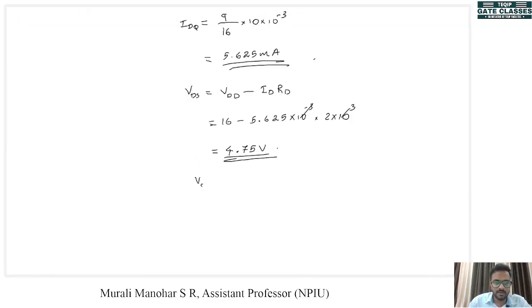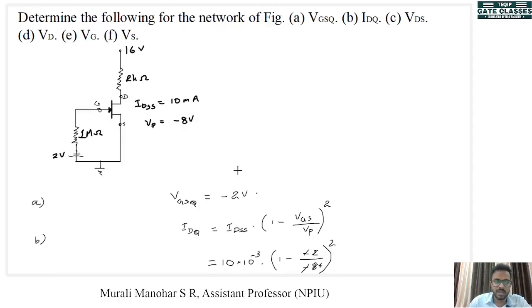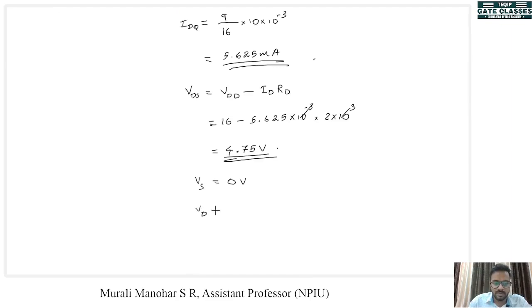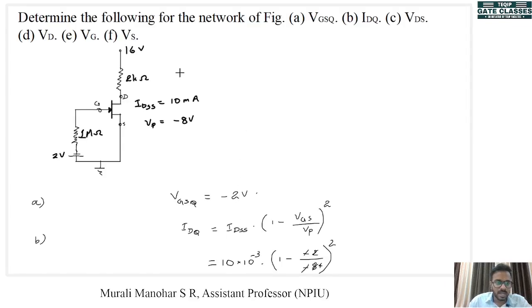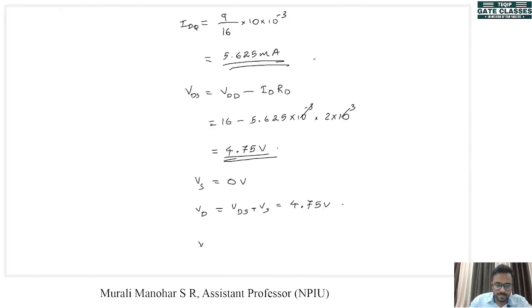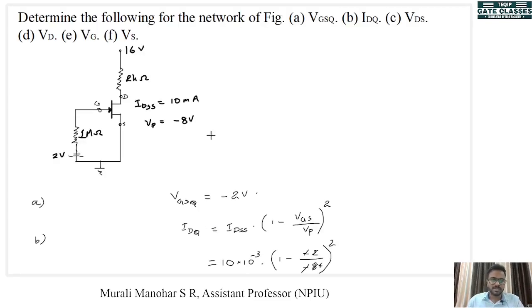Before finding out VD, we can find out VS, which is equal to 0 because VS is directly connected to the ground. Then VD will be VDS plus VS, and that will be same as VDS only. So this is 4.75 volt. Now the last thing is VG. VG is equal to VGS minus VS. Since VS is 0, VG will be equal to minus 2 volts. So this is how we solve this problem.